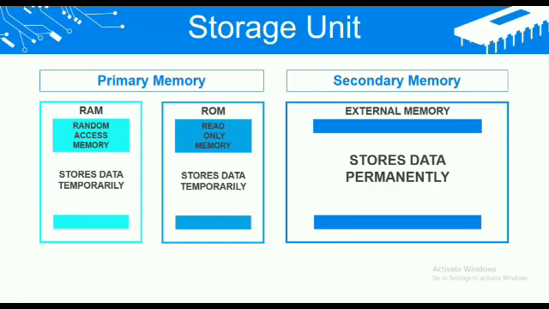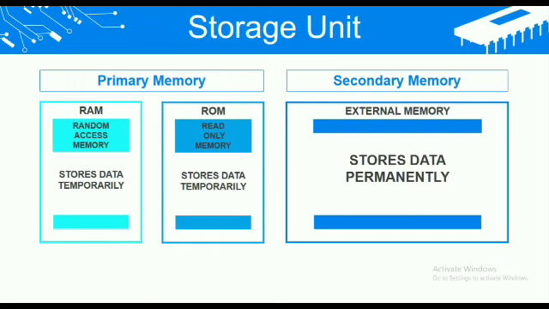The instructions required for the processing of data and any intermediate results are stored in main memory before being sent to any output device. The CPU works by taking the information that is in main memory.